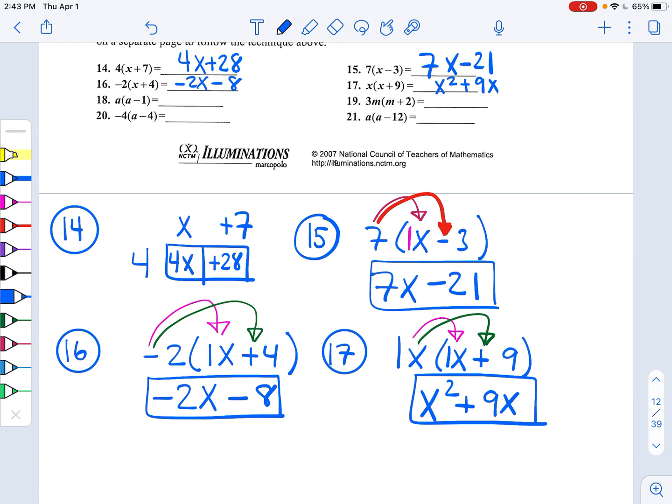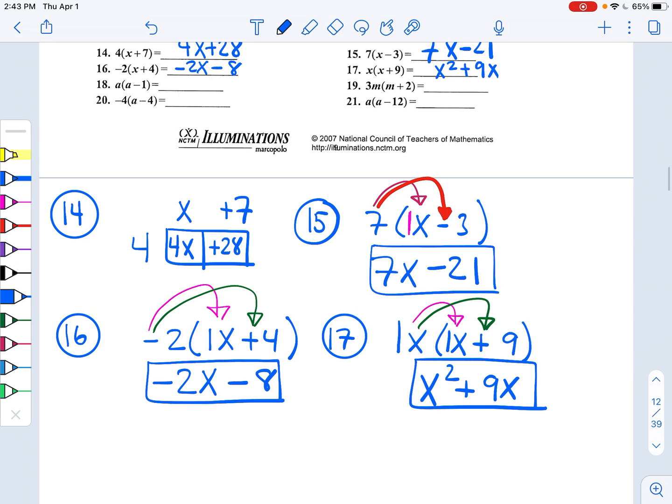So this would be x squared plus 9x. Okay? I would love for you guys to try this on your own and pause the video so that you can practice it. It's best to challenge your brain instead of watching me do everything and just copying me. I want you guys to figure it out yourselves.